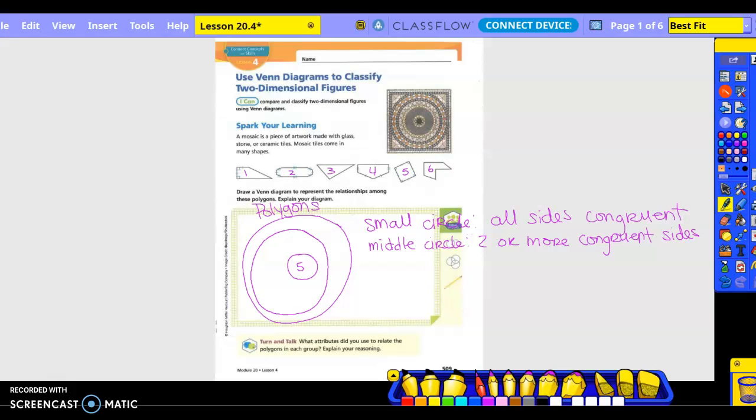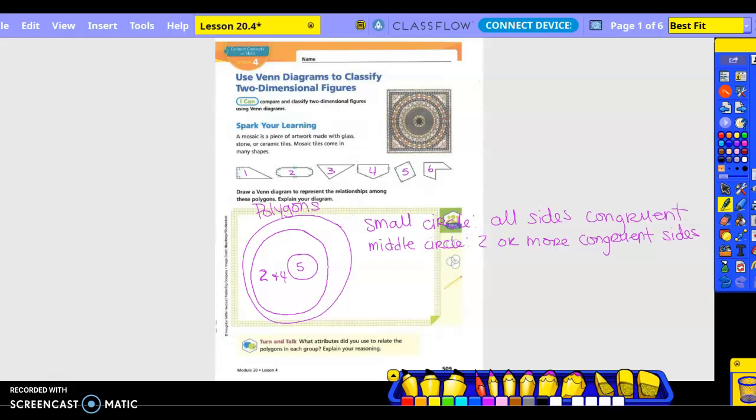So what would fit in there? Two and 4. So number 2 and 4.